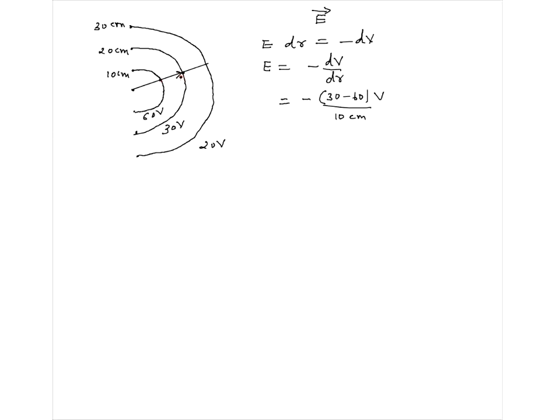You travel the same distance and fall in potential is different. 60 minus 30, 30 minus 20. You travel the same distance, and if you are finding that change in potential is not same, then it means that it is not constant field, and this is not the way to do it then. This is wrong.